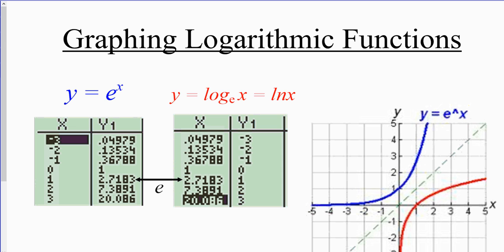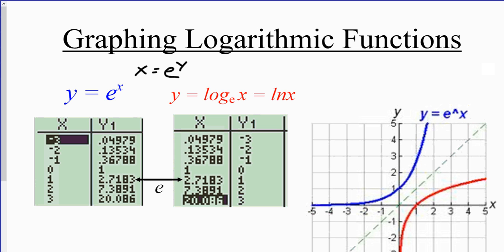So the next part, when we're graphing logarithmic functions, the best way to understand these is to understand that the logarithmic function is the inverse of y equals e to the x. Notice, if we did our processes for finding inverses, we switch our x's and y's. So we get x is equal to e to the y.